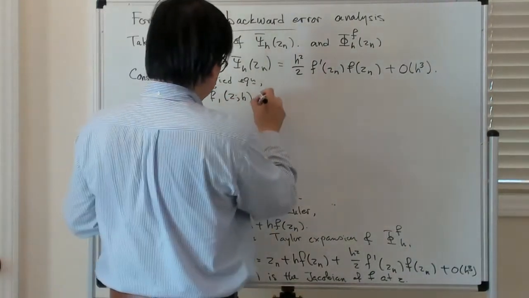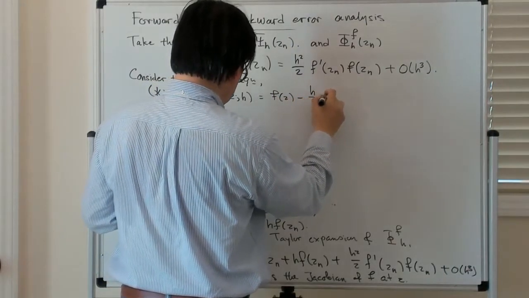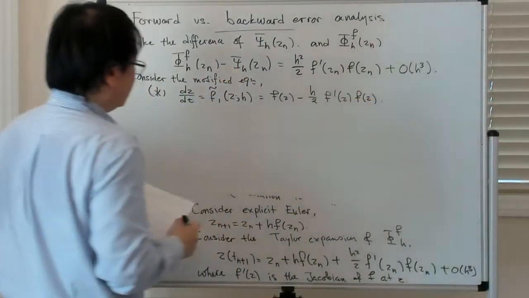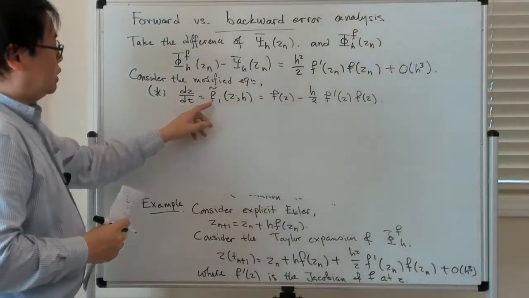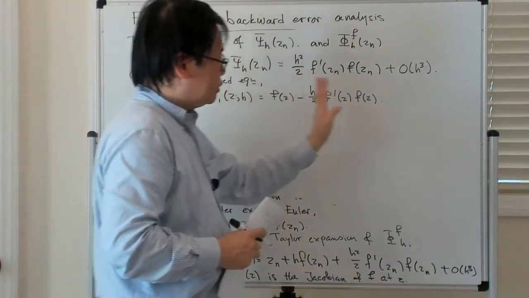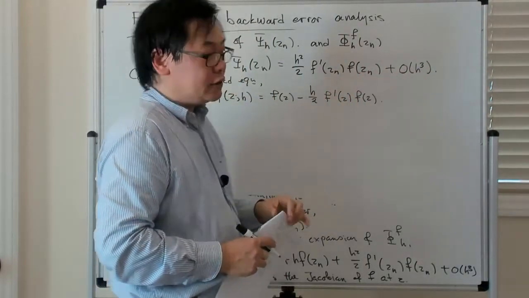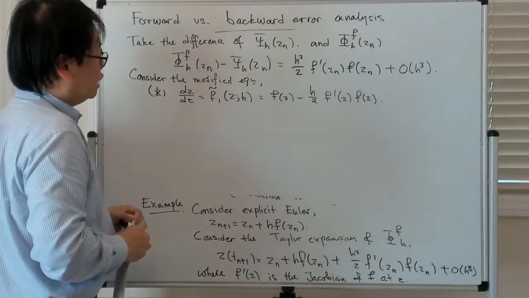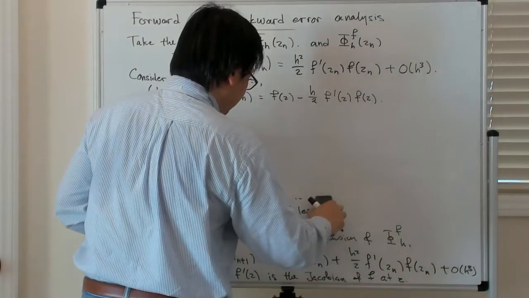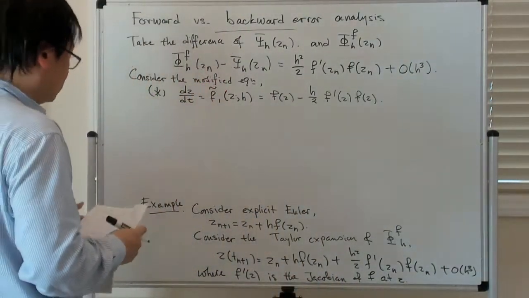I'm going to write this as f(z) minus h over 2 f prime at z times f at z. And as you might expect, this is going to allow you to construct higher and higher order corrections of the vector field, such that the Euler method is a more and more accurate approximation of the flow map for a modified vector field.